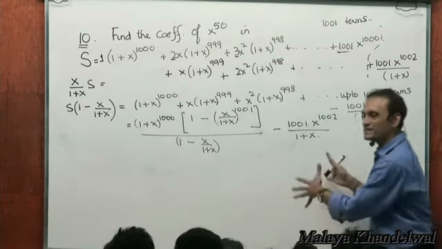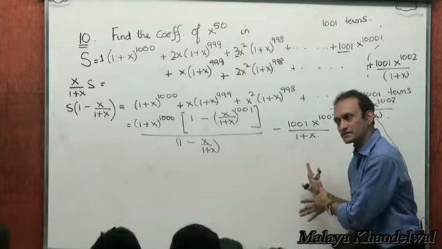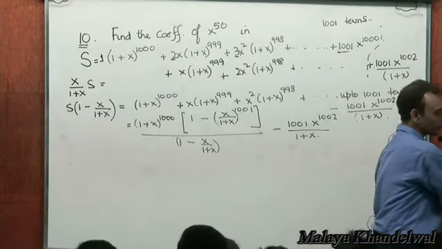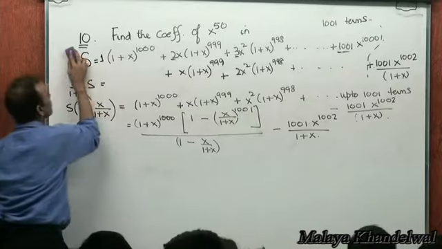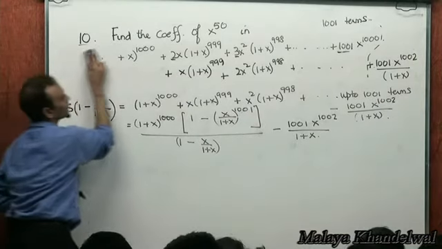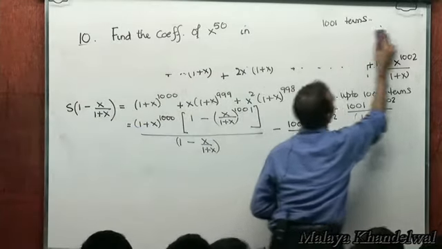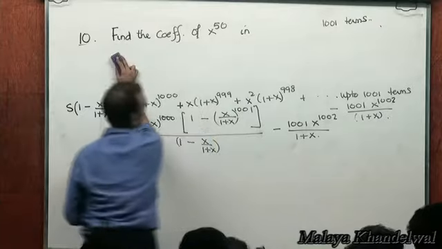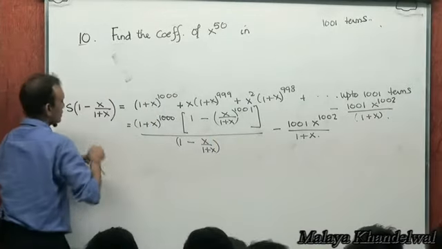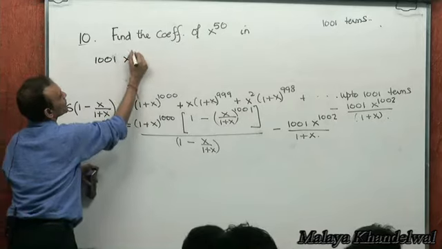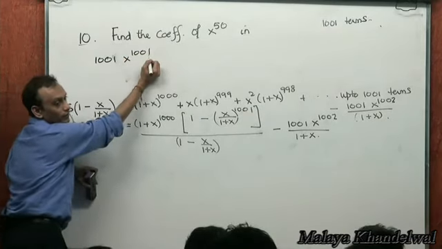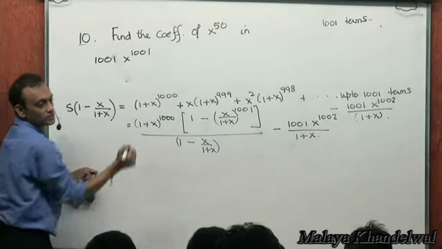Right. Now let me simplify this. Can I wipe this off? See, the last term was 1001 x to power 1001, right?